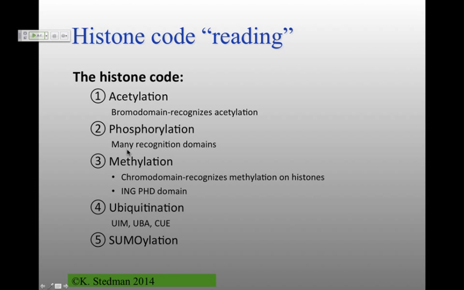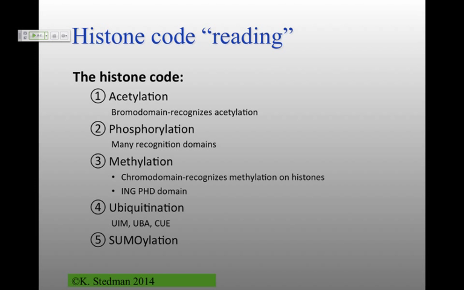Already mentioned, methylation is very common in regions of heterochromatin. So the way that I like to think about this is there are these so-called chromodomains, and so chromo for heterochromatin, which recognizes very specifically histone methylation. And so any protein that has a chromodomain associated with it is going to recognize methylated histones.